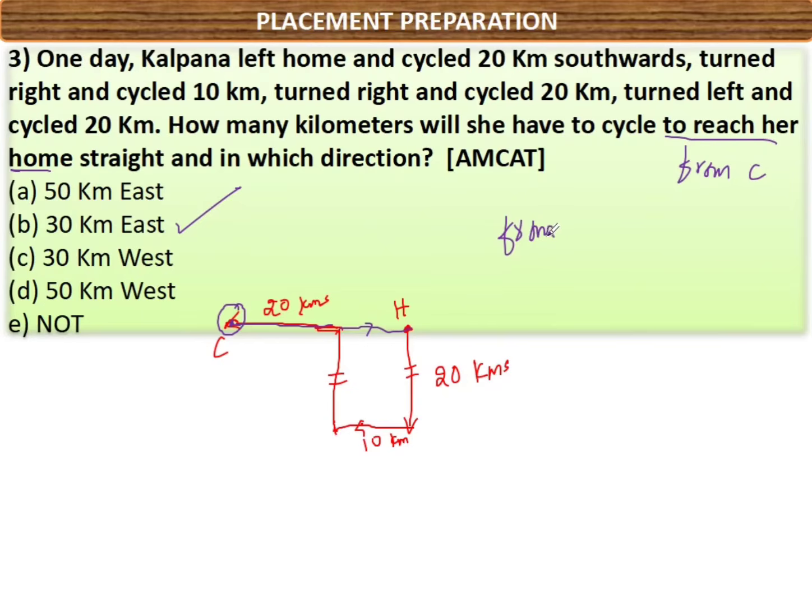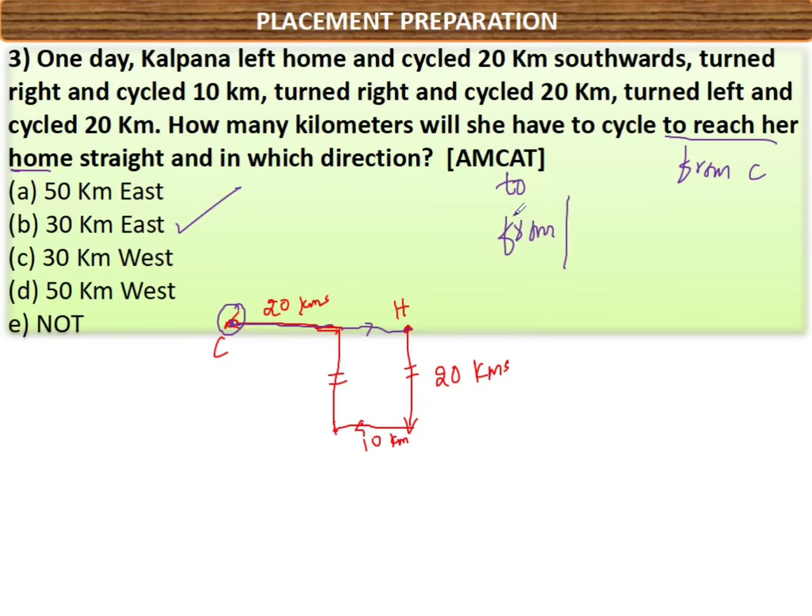See here guys, you have to see the direction. Words will be there like from where you are seeing. From will be there: from his home, from her home, from the starting point, from current position. They will mention it as from, so that from where you are seeing, that will act as origin. In some questions, instead of from, they will give it in another way.